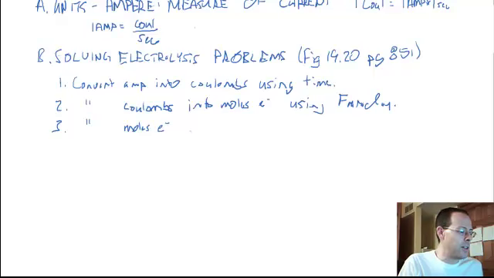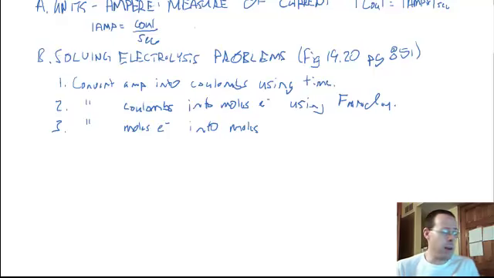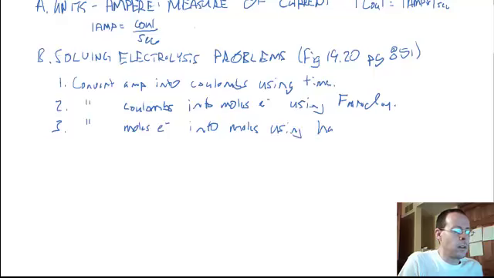Convert moles of electrons into moles of our substance, and we can do this using our half reaction. And then our last step usually involves converting moles into grams.